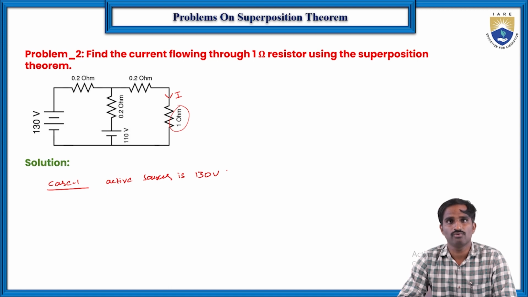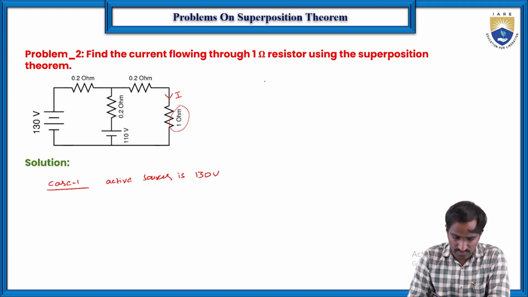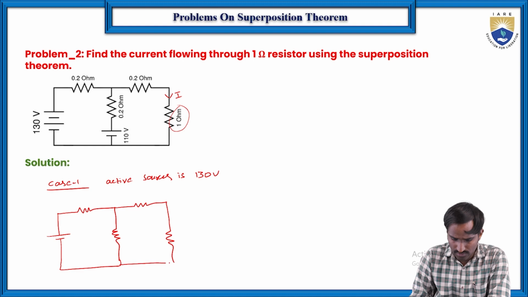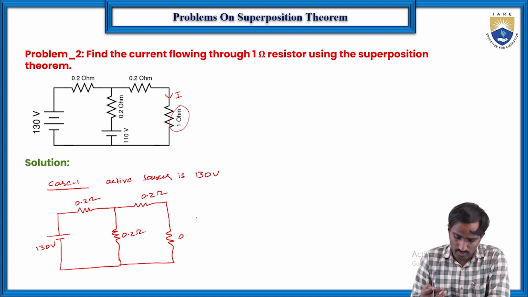The circuit in case 1 looks like this: 130 volts, and here the 110 volts is replaced with a short circuit. Then in this circuit, here it is 130 volts, here 0.2 ohms, again 0.2 ohms, and only 1 ohm here.